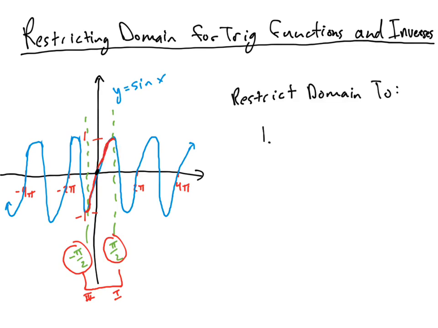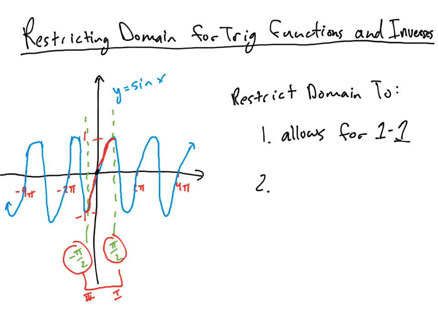So the reasons that we restrict the domain to negative pi over 2 to pi over 2 are, first, this allows the function to be 1 to 1, and only functions that are 1 to 1 have inverses.